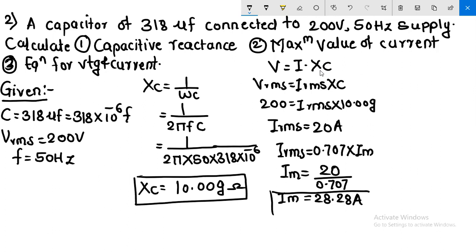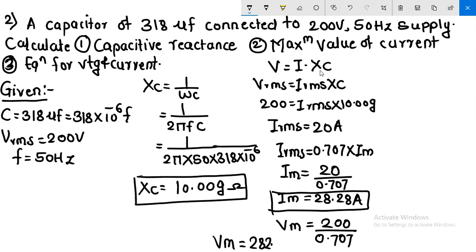This is the maximum value of current. And next they have asked the maximum value of voltage. काय येणार आहे? Vm is equal to Vrms, किती दिलंय? 200 divided by 0.707. So find out the maximum value of voltage. 282.88 volt.